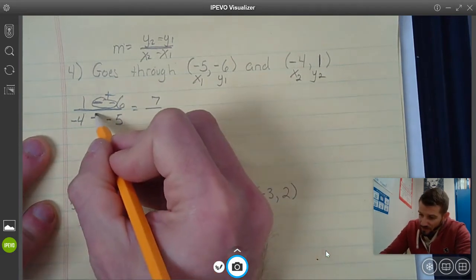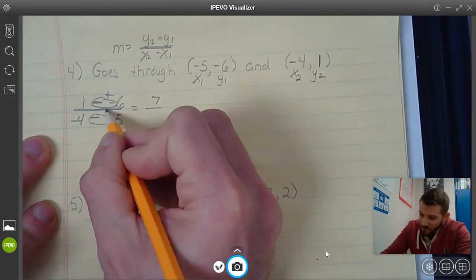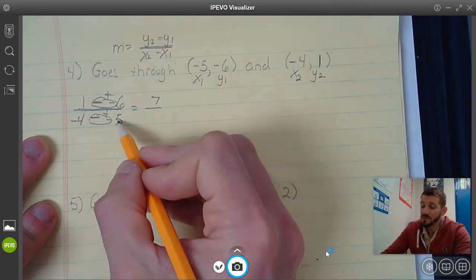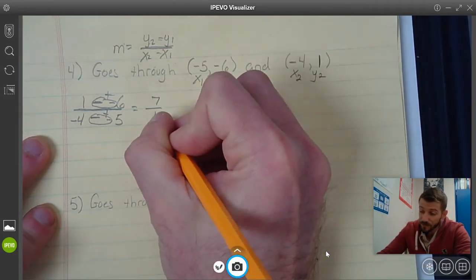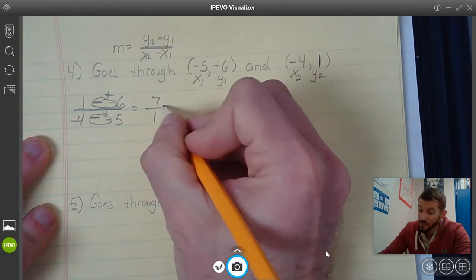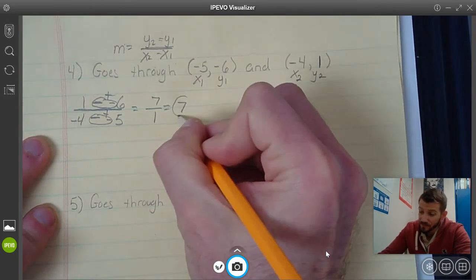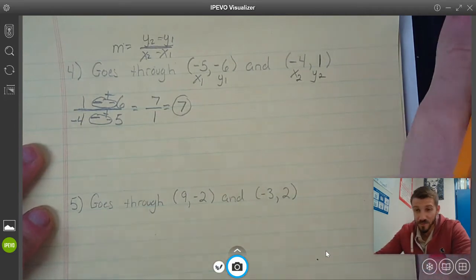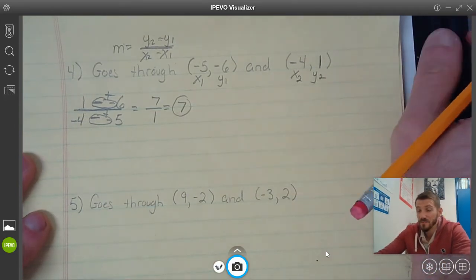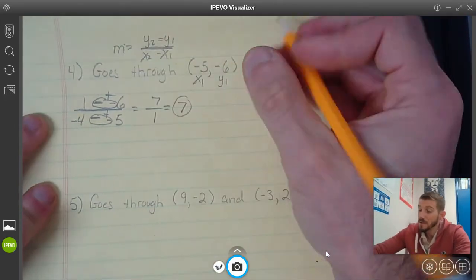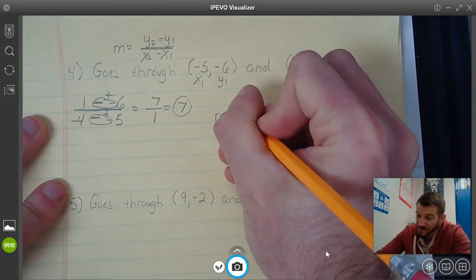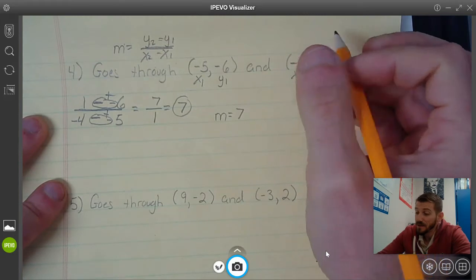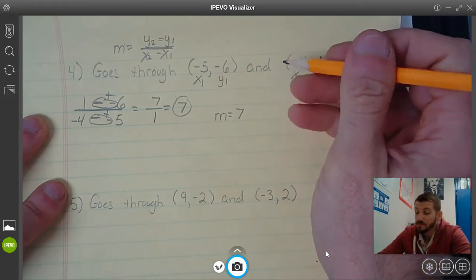And this becomes -4 plus 5, which is 1. And 7 divided by 1 is 7. Okay, that's not your answer, but that is our m. So we now know that our slope is 7, and we need a point.